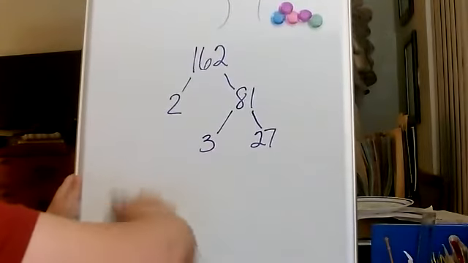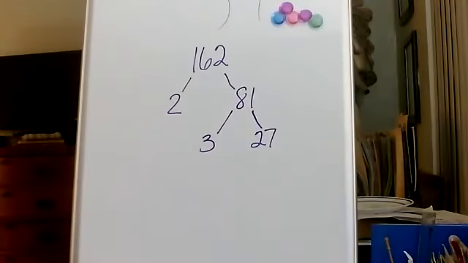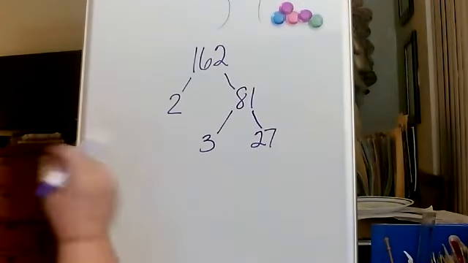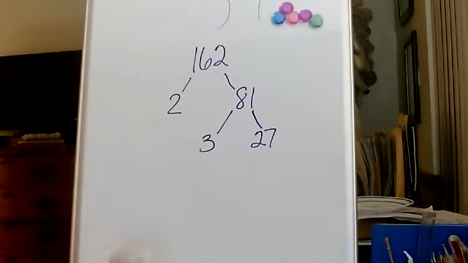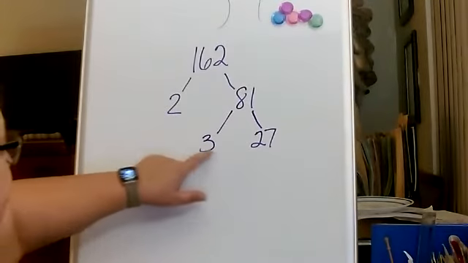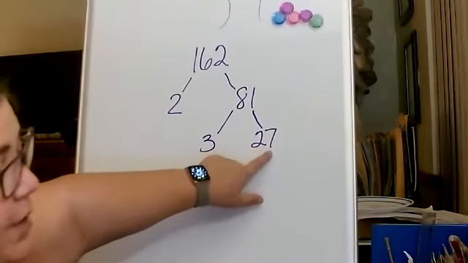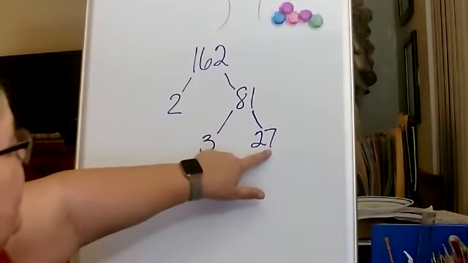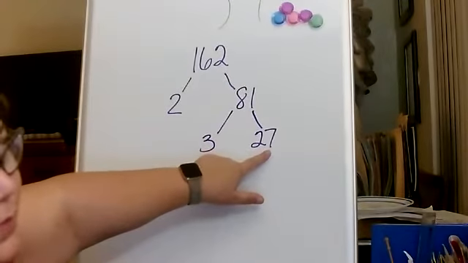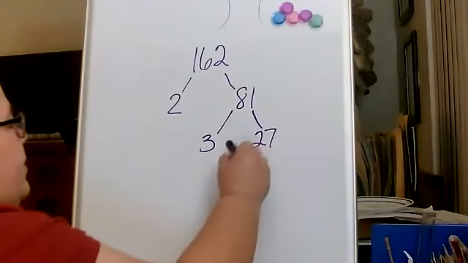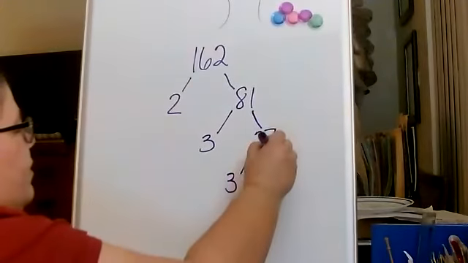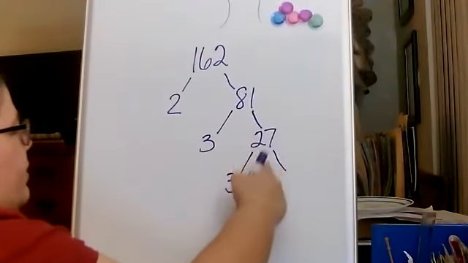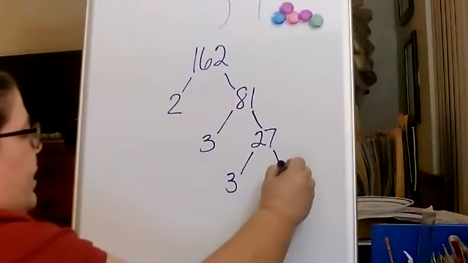27 is also not even. You're not going to have any more even numbers from here on out. Once you stop having even numbers, you don't have them anymore. So we're going to stick with the 3 and see if we can add 2 and 7 together and get something that is divisible by 3. 2 plus 7 is 9, which is divisible by 3. So we're going to put a 3 right here. And 3 goes into 27 9 times.